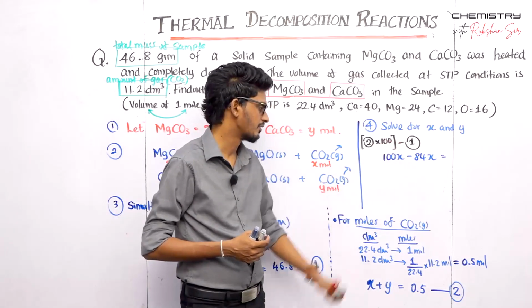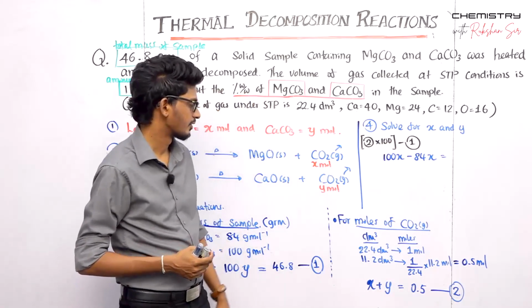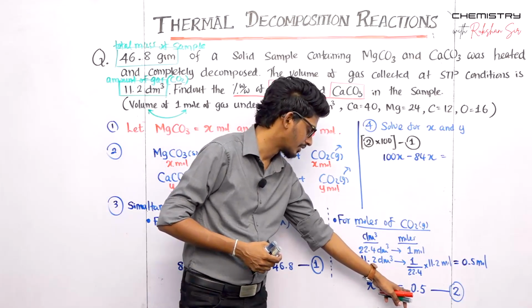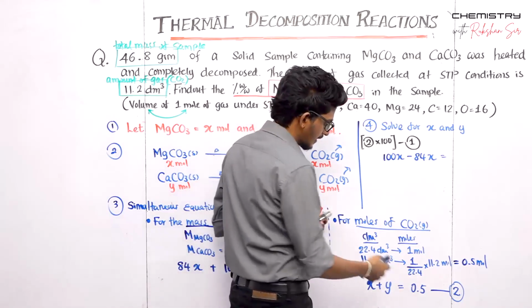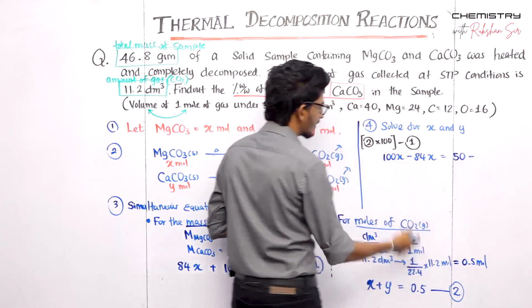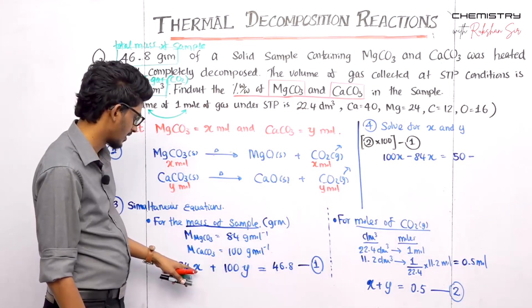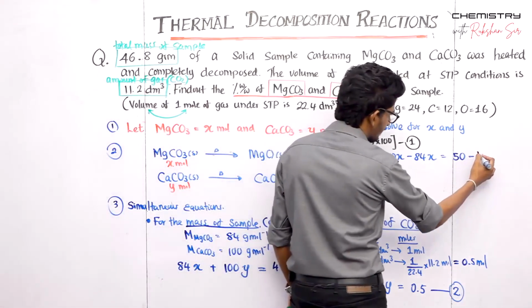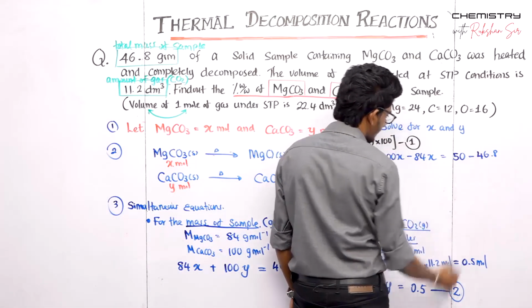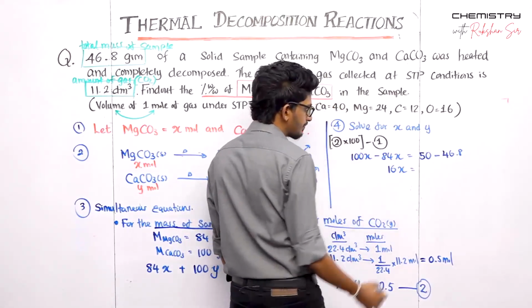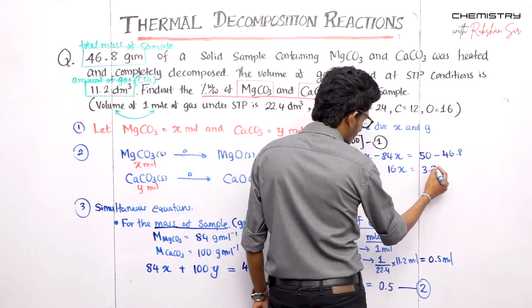So no need of writing the y again. Multiplying by 100 will give you here the 50, minus equation 1, that is this value 46.8. So that will give you 16x is equal to 3.2.